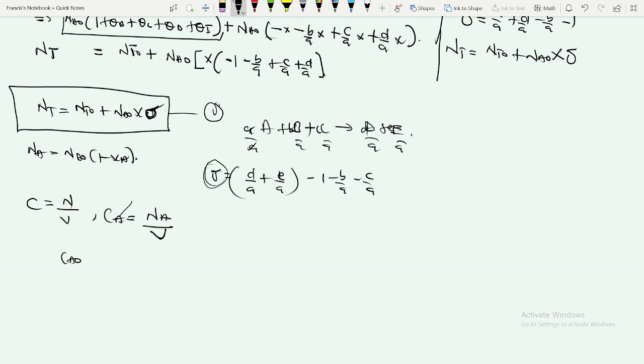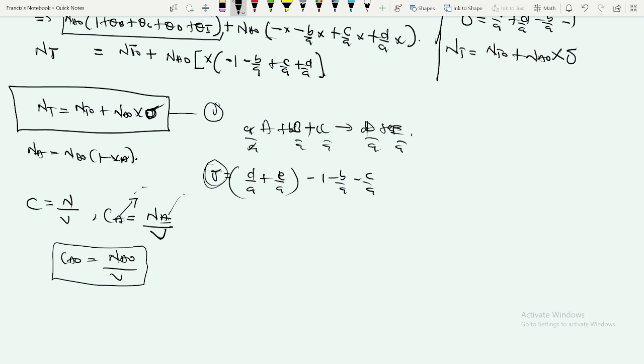So C_A here represents concentration of A remaining. This is moles of A remaining. If I want initial concentration, it's going to be N_A0 over V, right? Yes. So we should also keep this in mind.